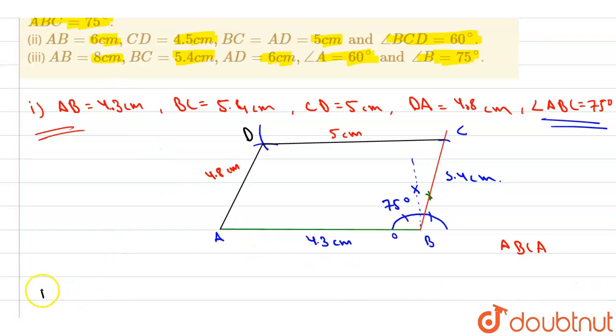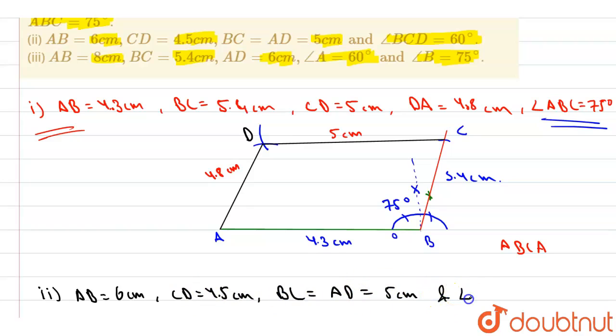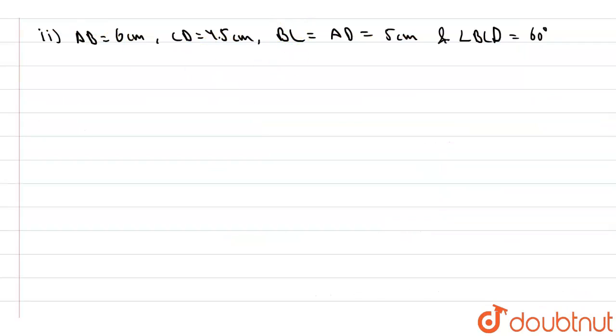Similarly, as the second, we have given AB is 6 centimeter, CD is 4.5 centimeter, BC equal to AD equal to 5 centimeter and angle BCD is equal to 60 degree. So similarly, now we have to make the angle BCD.